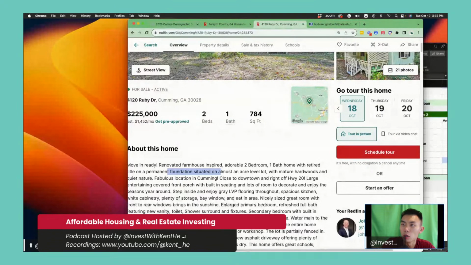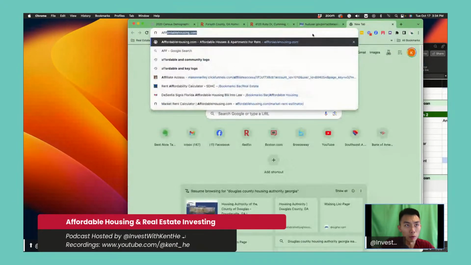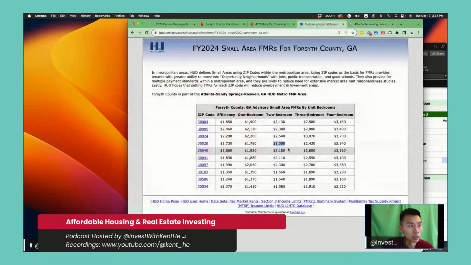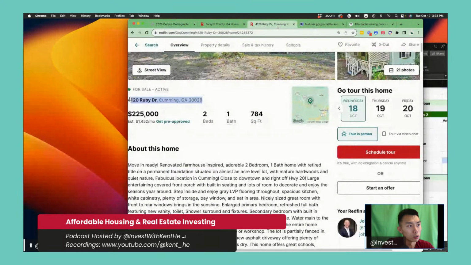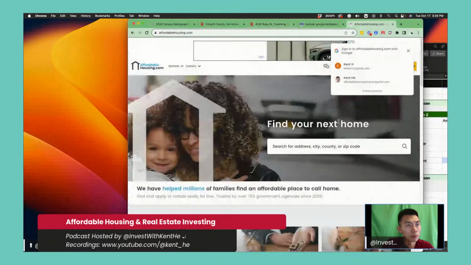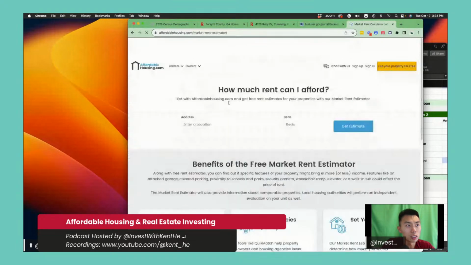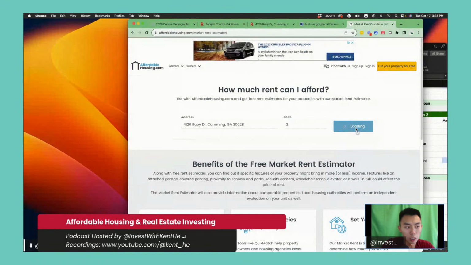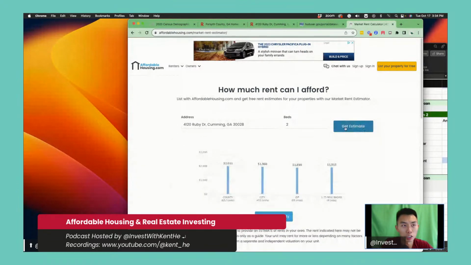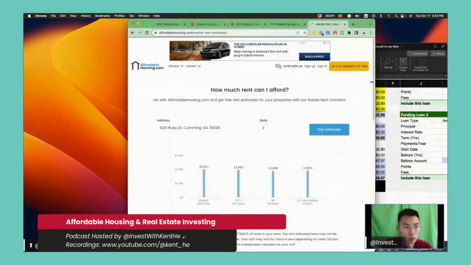So here's what we're going to do. We are going to underwrite this property now, okay? And we're going to do one more thing. So what do we always do, right? We get the FMRs, the fair market rents, and we put this property into the owner's market rent estimator. The reason we're doing this is that we're trying to figure out what the market rent is, because when you are investing in a Section 8 rental, they typically want to see whether your rent is reasonable.